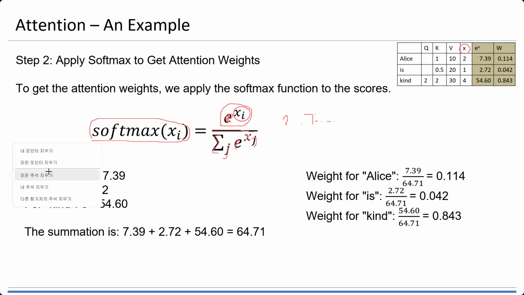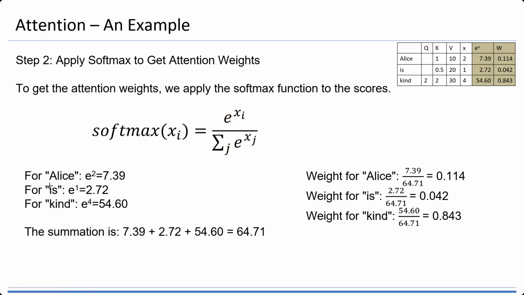So what does it mean? We have 3 words: Alice, is, and kind. For the word Alice, the value of xi is 2. Then it means we will do e to the power of 2 divided by the sigma. Sigma is the summation of e^xj, where j means the words in your sentence.